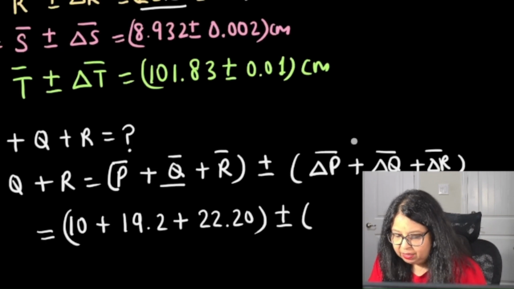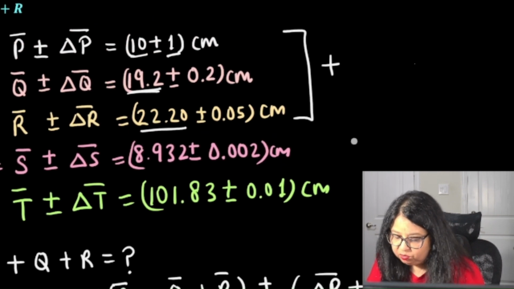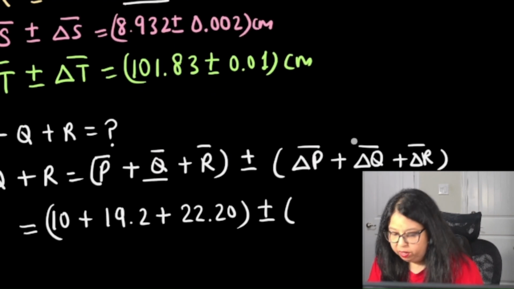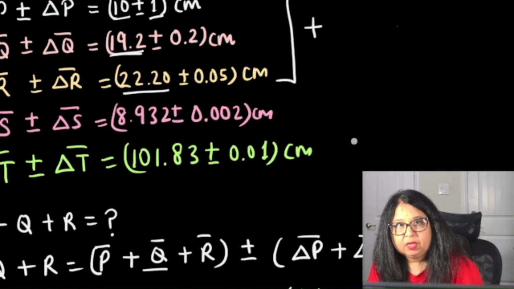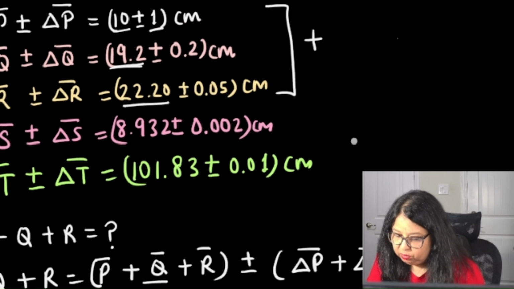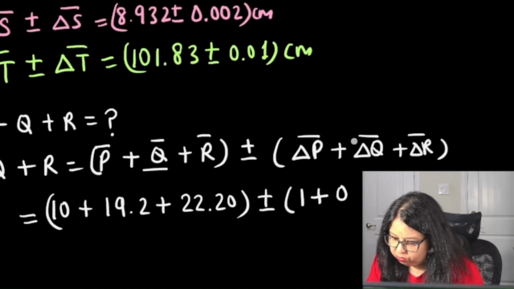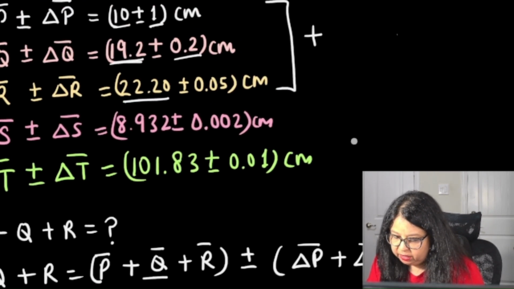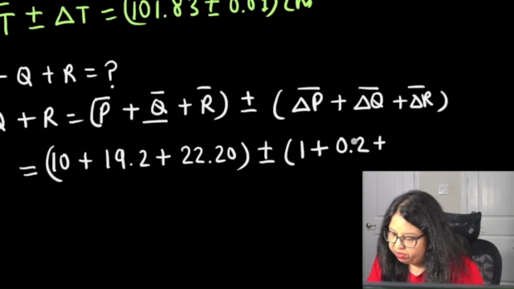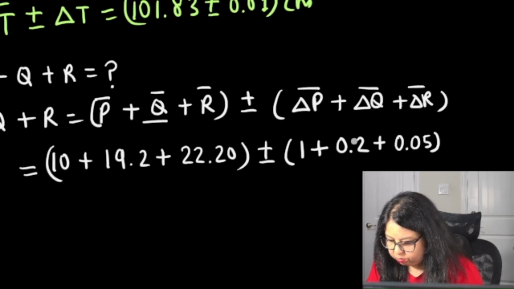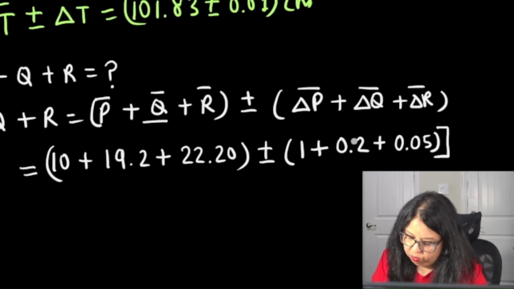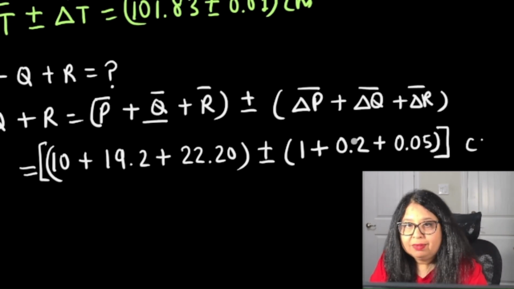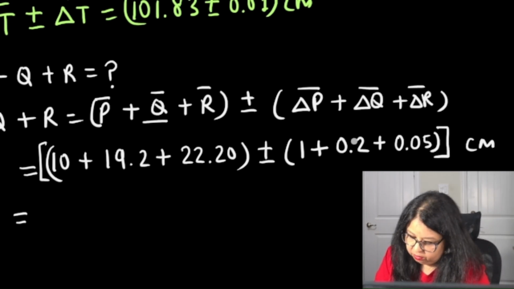Plus minus delta P bar is 1, plus delta Q bar 0.2, plus delta R bar 0.05. And of course, these are all in centimeters.